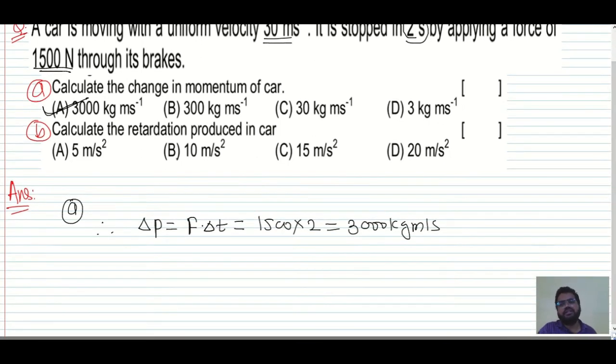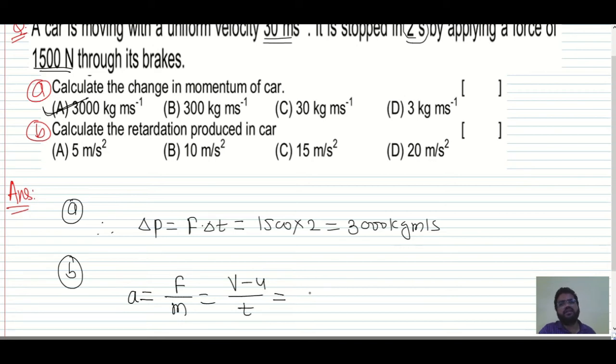Calculate the retardation produced in the car. Okay, so what is the retardation? The acceleration we can say is equal to force by mass, or else final velocity minus the initial velocity divided by the time.